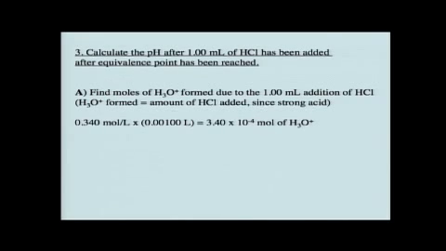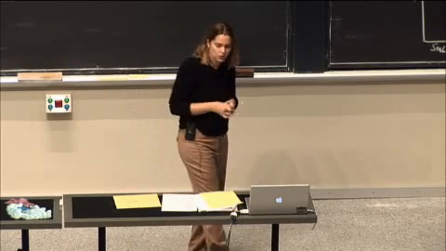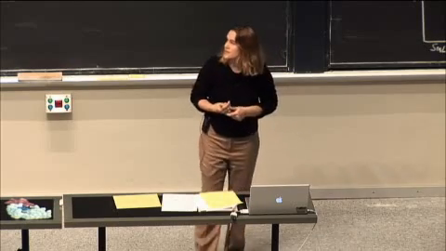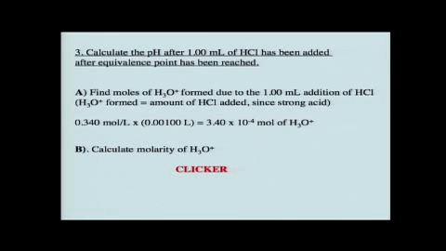We added 1 mL of the strong acid, and again it goes to completion. The concentration of the acid is 0.34 molar times our 1 mL. So we've added 3.4 times 10 to the minus 4 extra moles of our acid. Let's calculate then what the molarity is of what we have added that was extra.